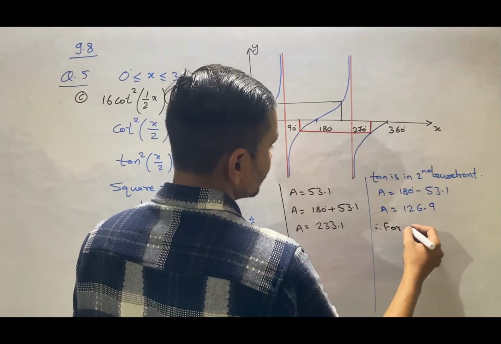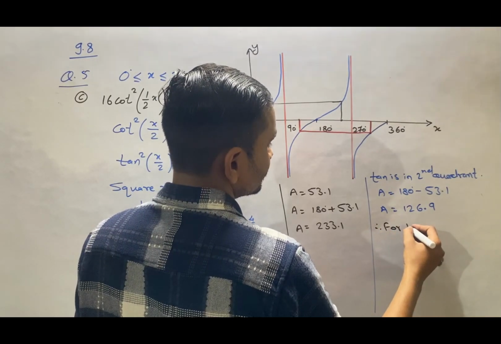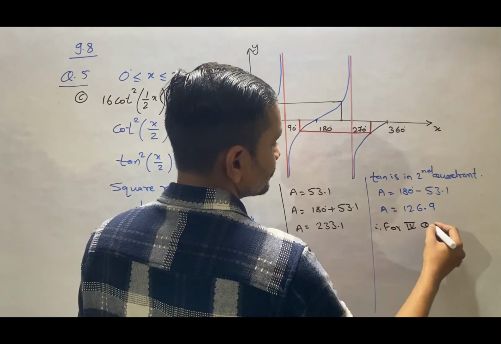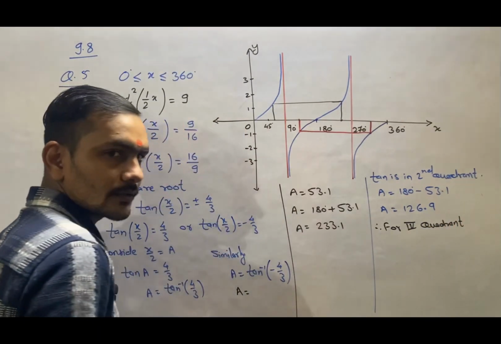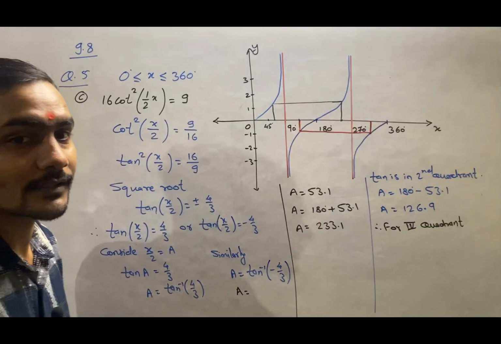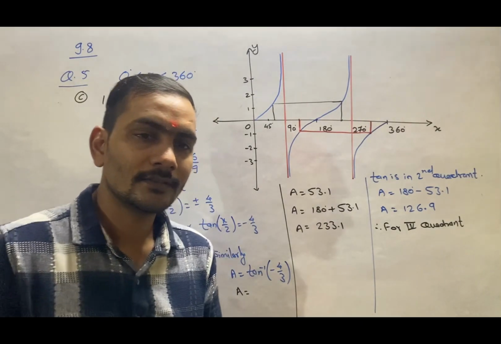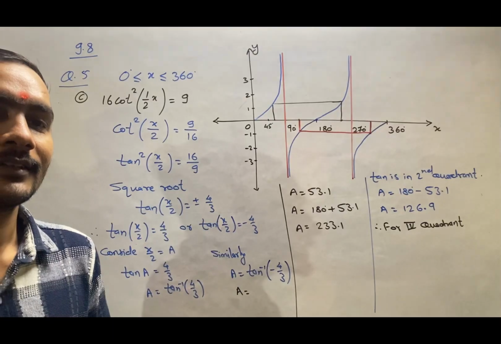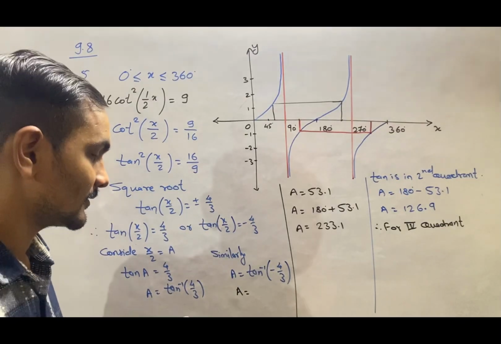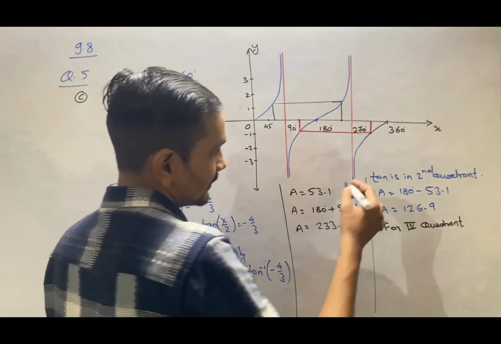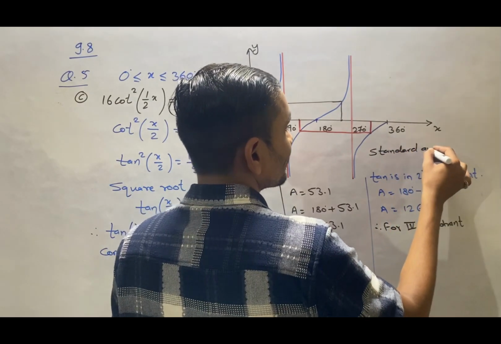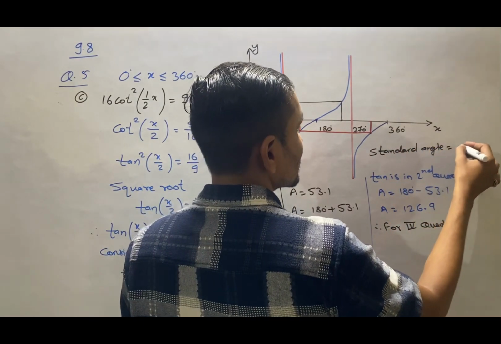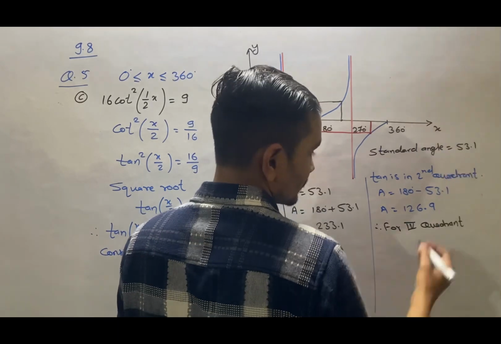What angle do we get here? In the fourth quadrant we use 360 minus the standard angle, which is 53.1.